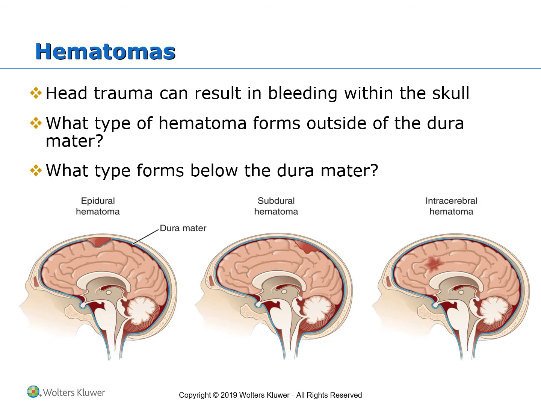If we stay with brain injuries, another type of lesion is the hematomas that result from a direct trauma to the head. This type of direct trauma may result in bleeding into or around the meninges.